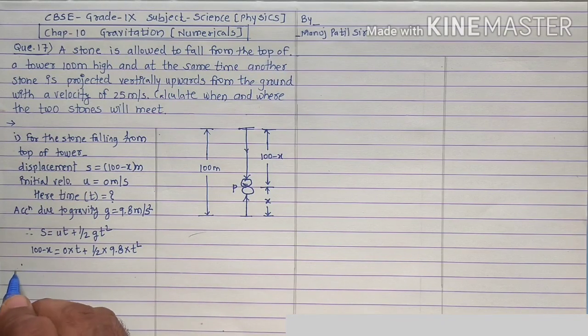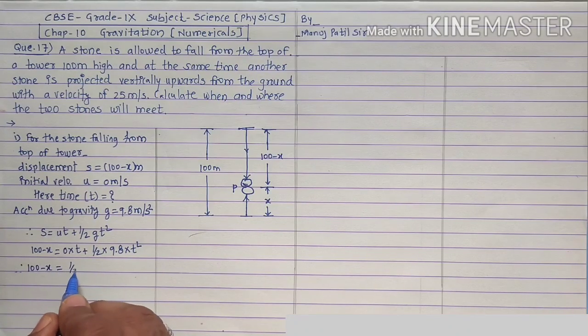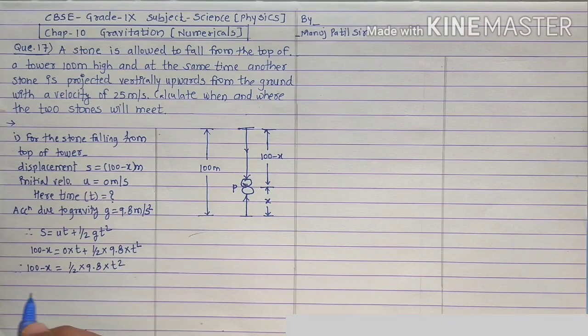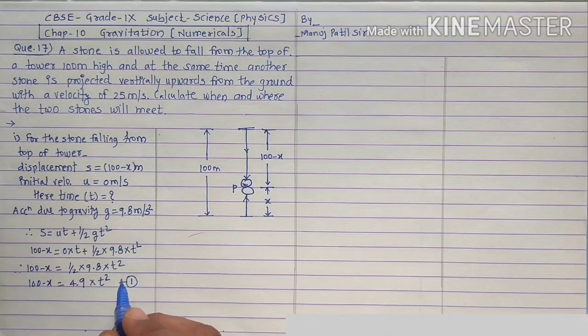Understood? And so therefore we can write here 100 minus x equals 1 upon 2 multiplied by 9.8 into t square, that is 100 minus x is equal to 4.9 into t square. So this is equation number 1.